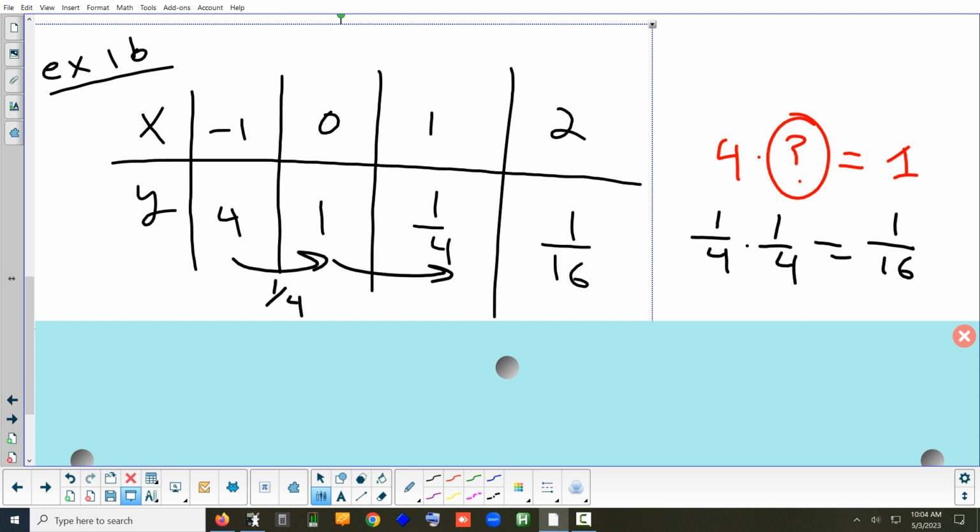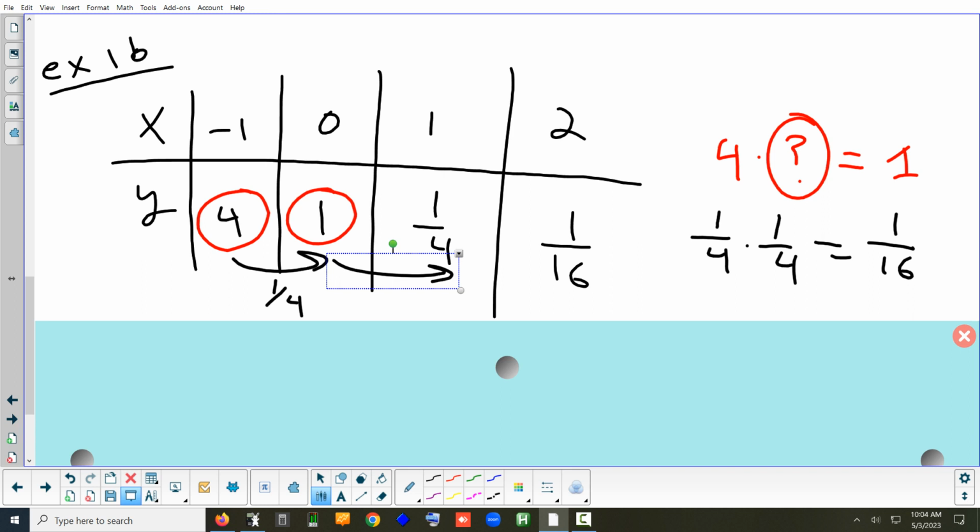And if you get stuck and you can't figure it out, one way to do it, take this number and divide by this number. Or basically take any number and divide by the one that comes before it. If you do that, it should tell you what the pattern is.